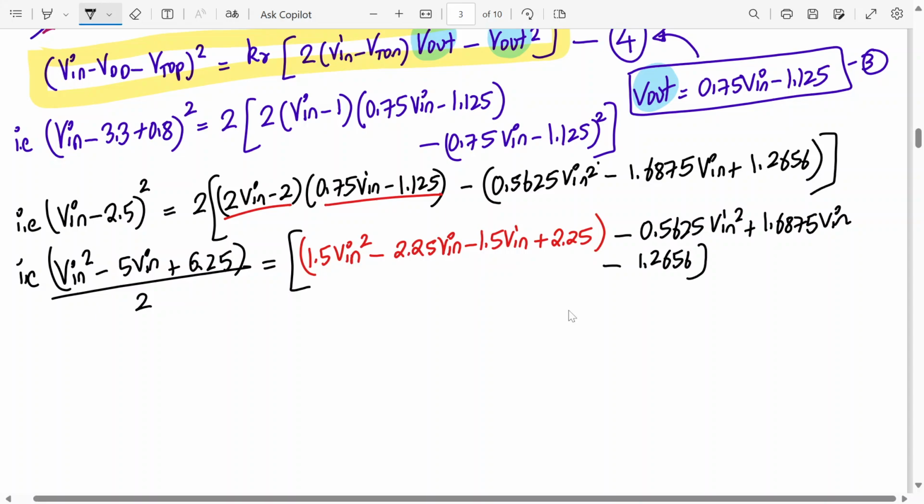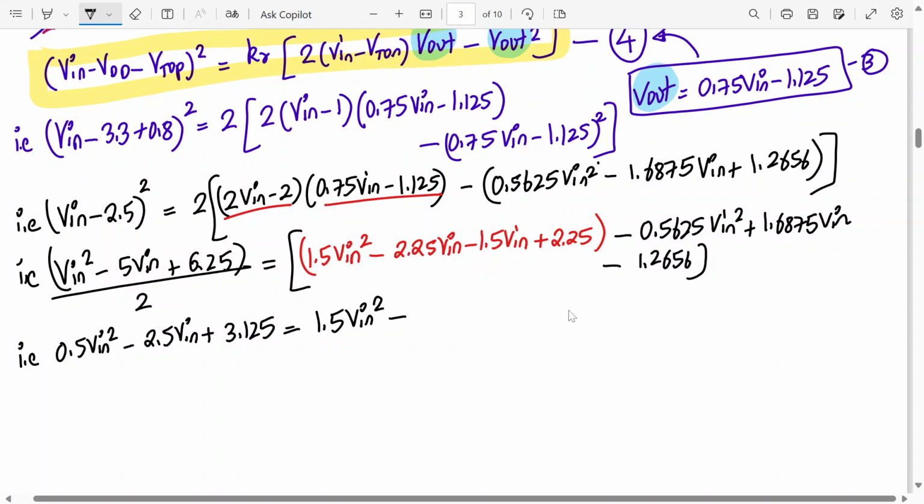Alright, and now we club all the terms together. If you want to write one more step, you can write that. So that will be 0.5 V in square minus 2.5 times V in plus 6.25 divided by 2, which will be 3.125, is equal to 1.5 times V in square minus, if you club this together, 2.25 plus 1.5.